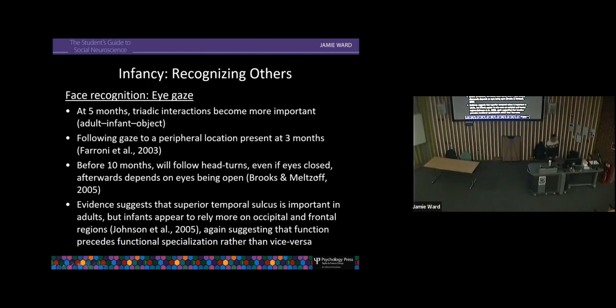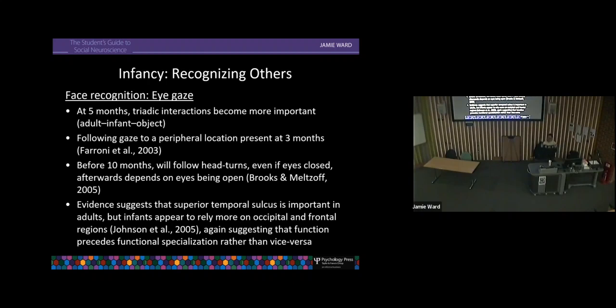Meltzoff has done some really interesting studies about what infants understand about the social significance of this. And what you find is that if your eyes are closed and you turn your head, an infant will still follow to see where you are looking. But after 10 months it won't. It will understand that if you're turning your head like that, it has no real significance, that you're not trying to engage in communication.